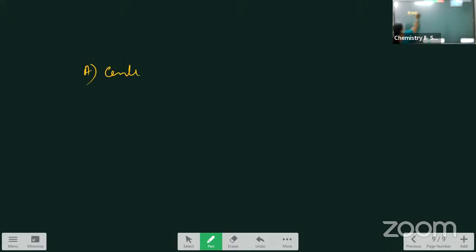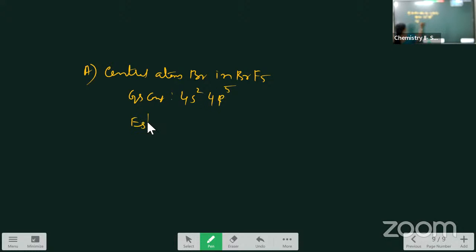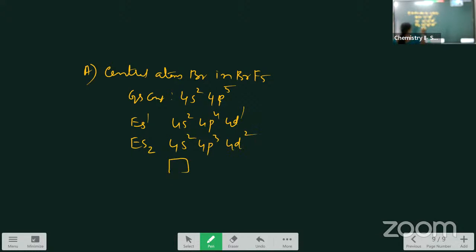Central atom Br in BrF5, ground state configuration 4s2 4p5, right? Excited state ES1 4s2 4p4 4d1, excited state configuration 2 4s2 4p3 4d2. इसका बॉक्स फॉर्म लिखो.